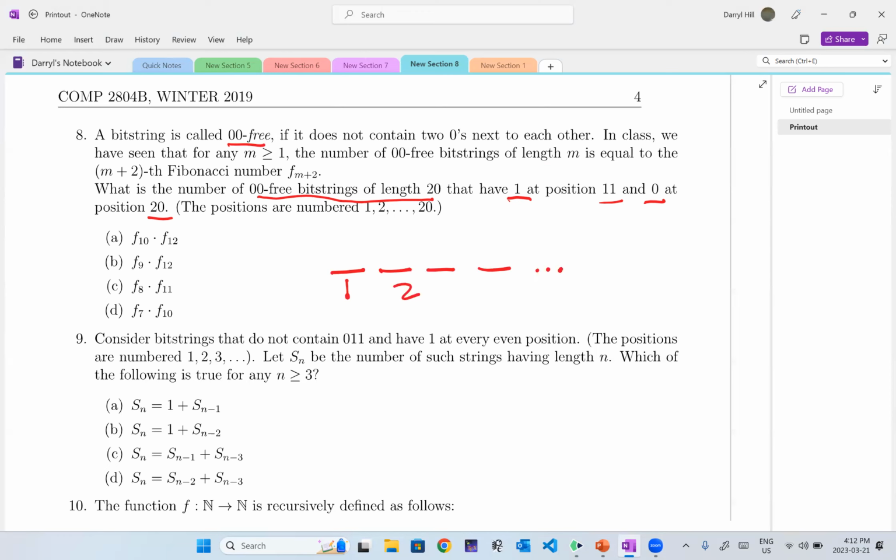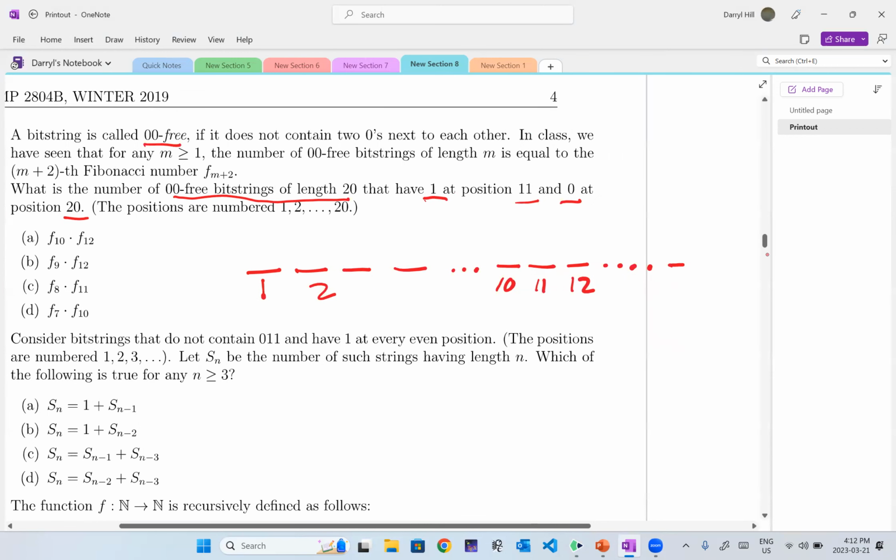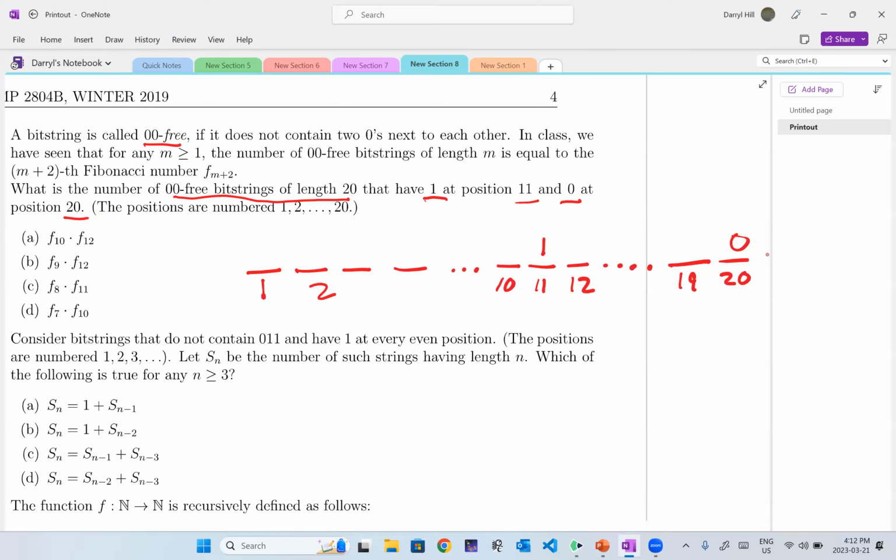Then a 1 at position 11, so 10, 11, 12, and a 0 at position 20, so 19 and 20. So there's a 1 that goes at position 11 and a 0 at position 20. Now how many 00-free bit strings do I have that look like this?